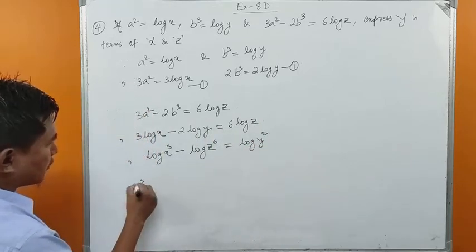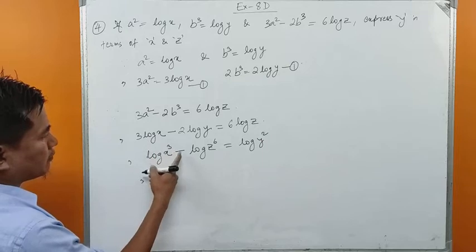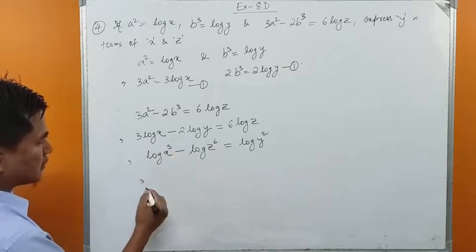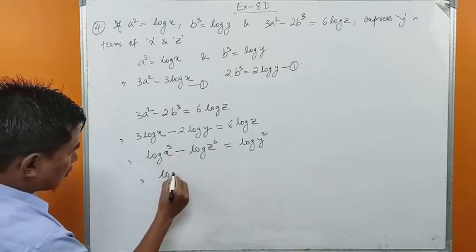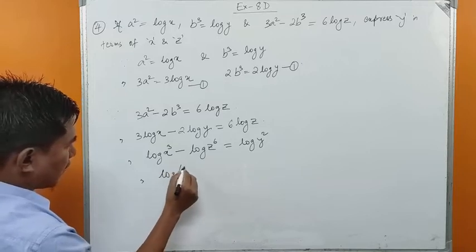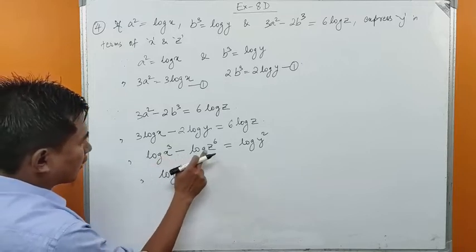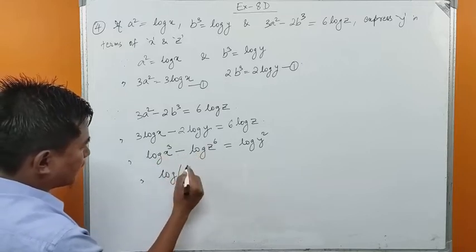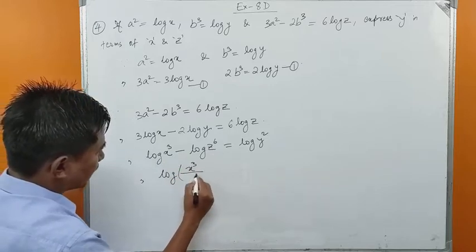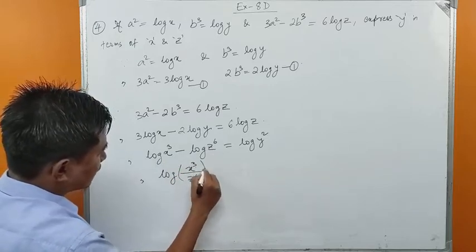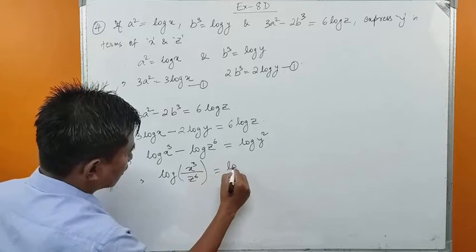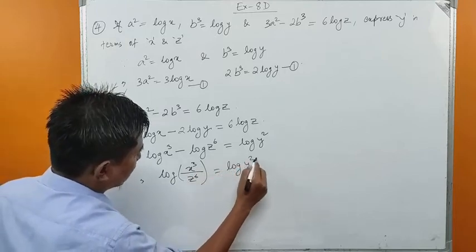Okay, so we have log x cube minus log z to the power 6, isn't it? Log m minus log n means log m by n, so x cube by z to the power 6 equals log y square.